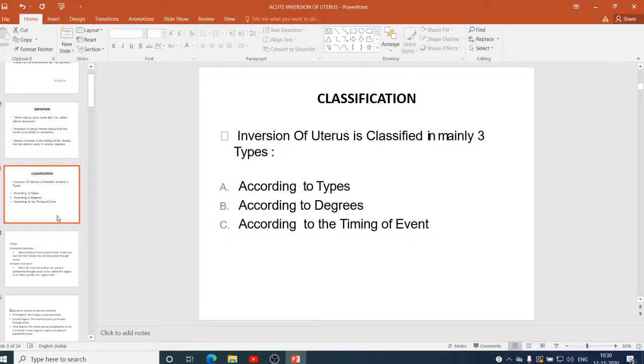The inversion of the uterus is classified into three according to the degree of inversion, and according to the time of the event when inversion occurs.